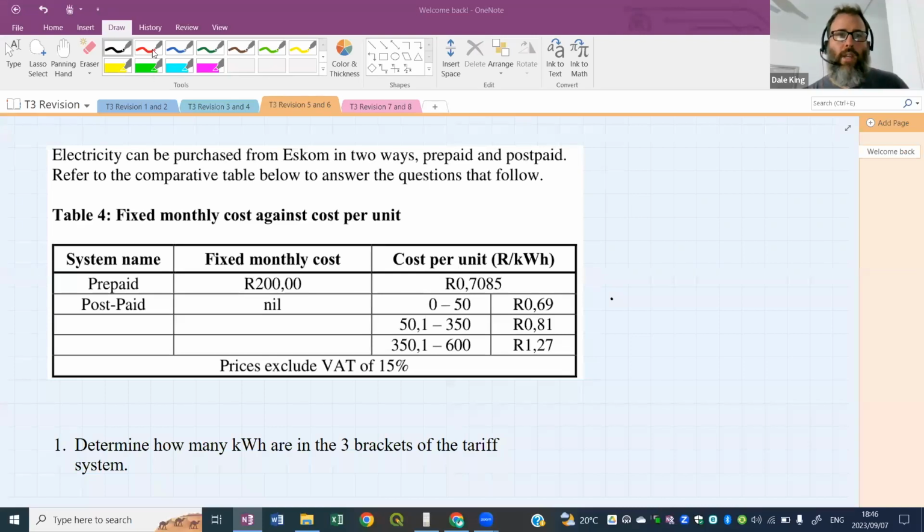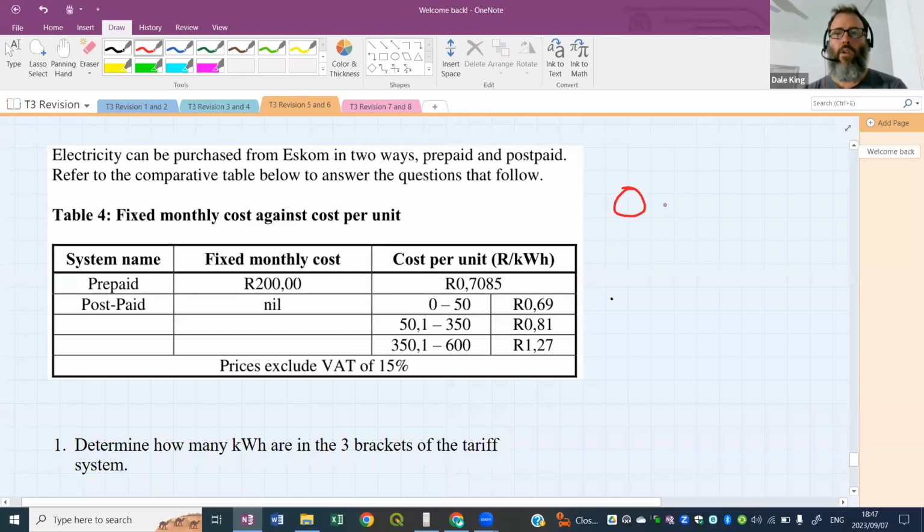Look at what they do here. The first bracket says from 0 to 50 kilowatt hours. The next bracket starts at 50,1. Can anyone tell me why they started at 50,1? That's deceiving, that comma 1 there. I've seen people make a mistake with that comma 1. Why do they do that?